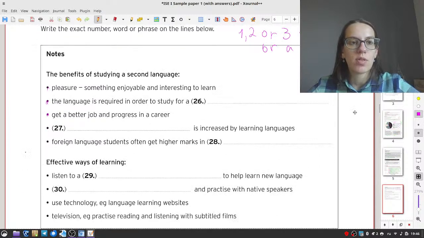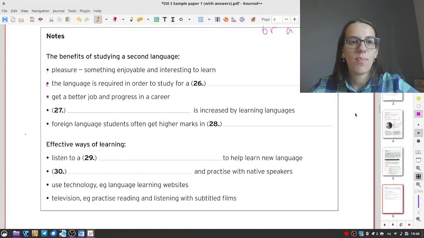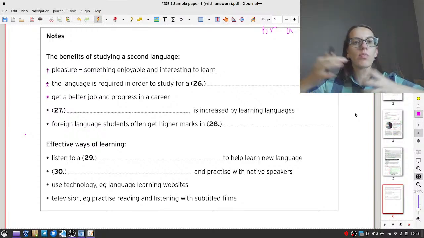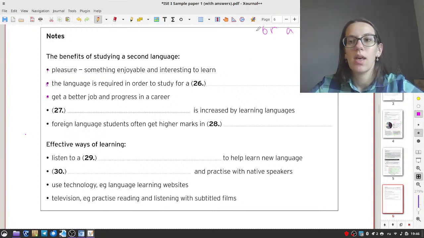So let's read the notes. The benefits of studying a second language. And all this information is pulled from all of the different texts. Pleasure, something enjoyable and interesting to learn.